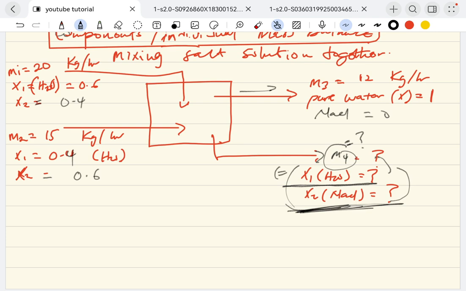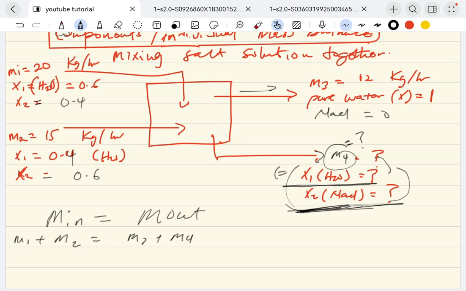So let's start. We say M in is equal to M out if there is no reaction and the process is running under steady state, with no leaking, so our calculation is right. This idea comes from the conservation of mass, which we have already derived. So in is M1 plus M2, which is equal to out, which is M3 plus M4.